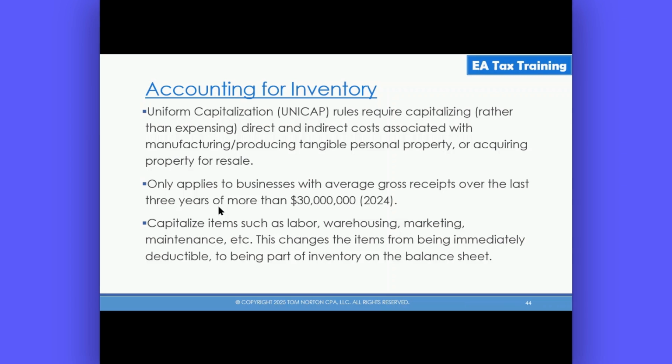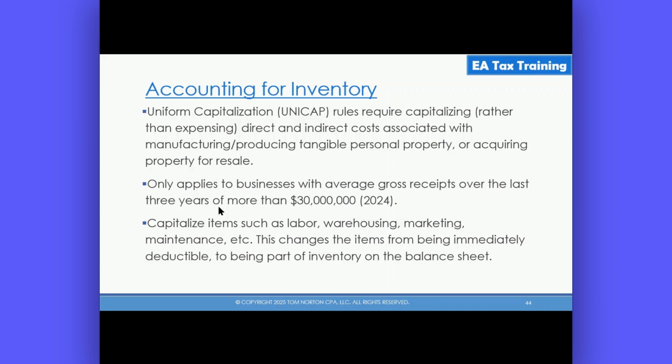What the IRS doesn't want these large companies doing is deducting currently the expenses of manufacturing a product, even though they're not going to actually sell and recognize the income from that product for a long time from now. It could be several months or longer until they recognize the income.